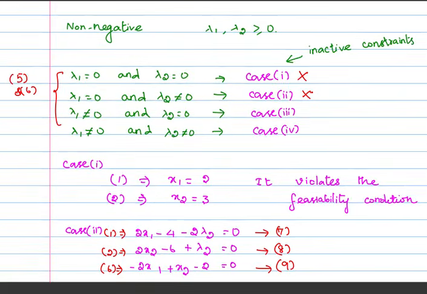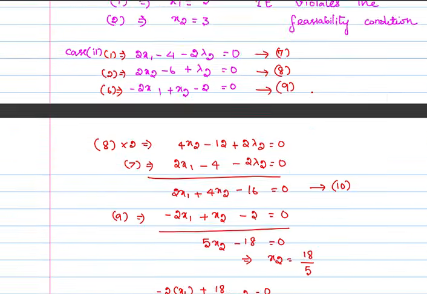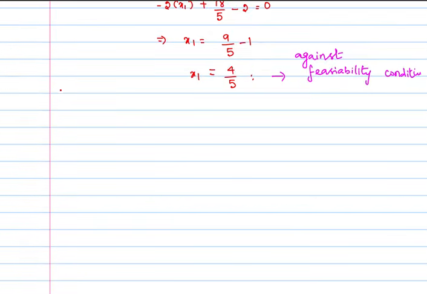Now previously I found lambda 1 equal to 0. Now lambda 1 is not equal to 0. This is case 3: lambda 1 is not equal to 0, lambda 2 equal to 0.